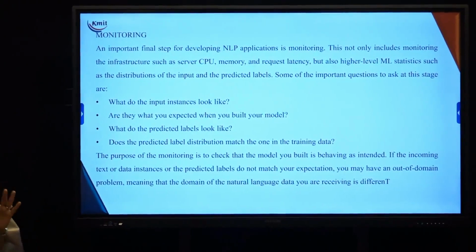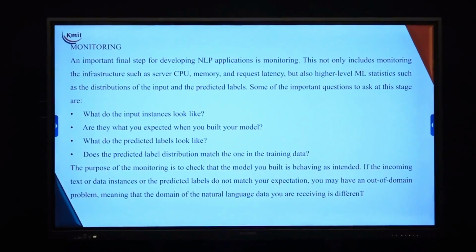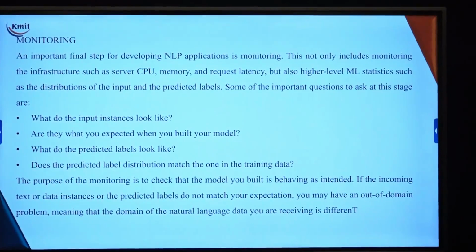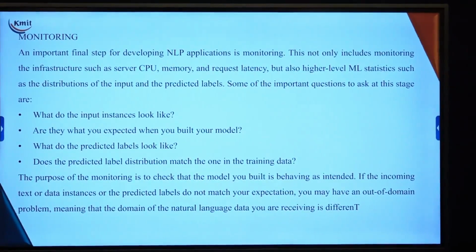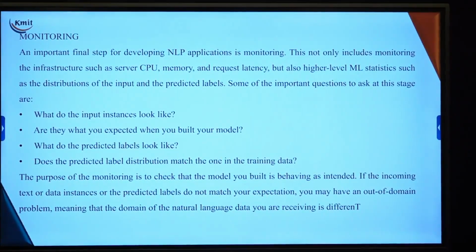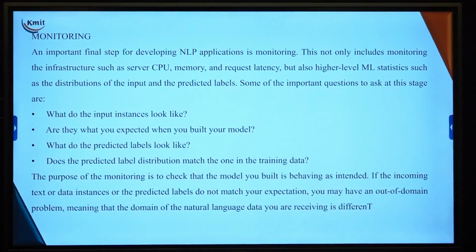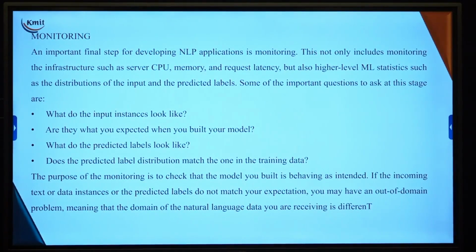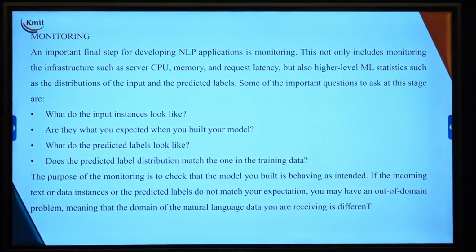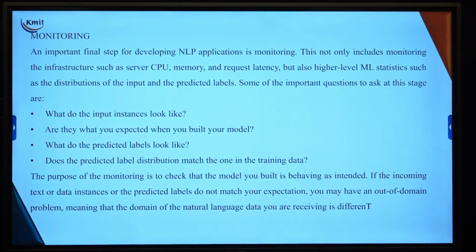Basically, this monitoring is useful to check that the model we have built is behaving the way we expected. If the incoming text or data or the predicted label is not matching your expectations, you may have an out of domain problem, meaning that the domain of the natural language data you are receiving is different.